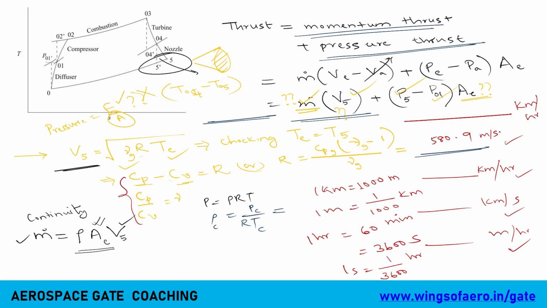So be very careful what unit they are asking for. And see the decimal place, whether they are asking to round off to integers or not. You have to be very careful about these things. Each and every thing plays a vital role for your GATE.